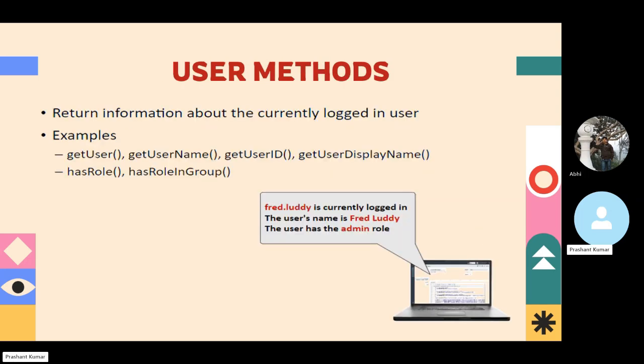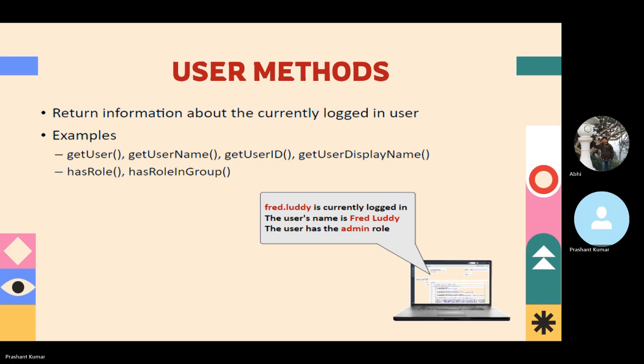And we have this user method. First of all, we have multiple examples here: gs.getUser, gs.getUserName, gs.getUserID. You will use these methods here. Previously, Glide System was the API, so Glide System dot. We have a shortcut of Glide System, gs dot.